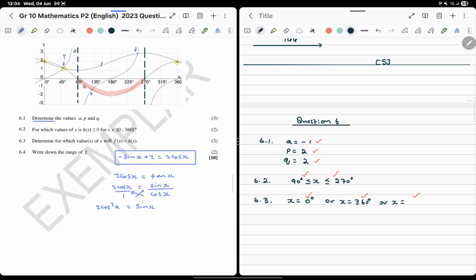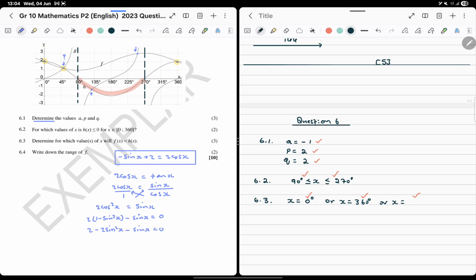Right, now 2 cos squared x can be 2 into 1 minus sine squared x, to try and create a quadratic. Transpose sine x to equal 0. So we end up with 2 minus 2 sine squared x minus sine x is equal to 0.